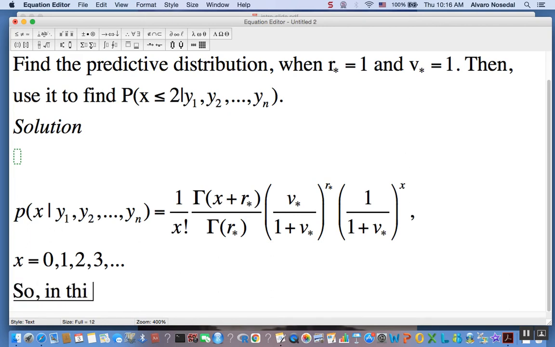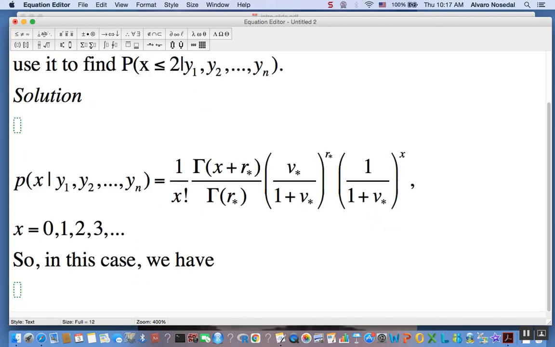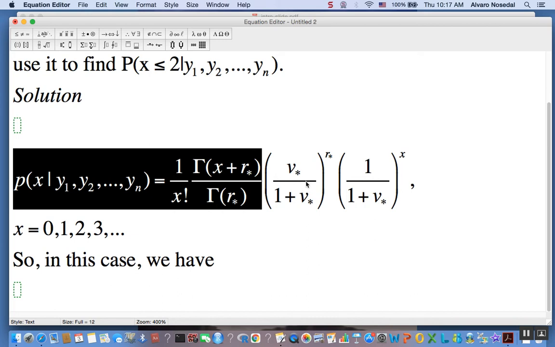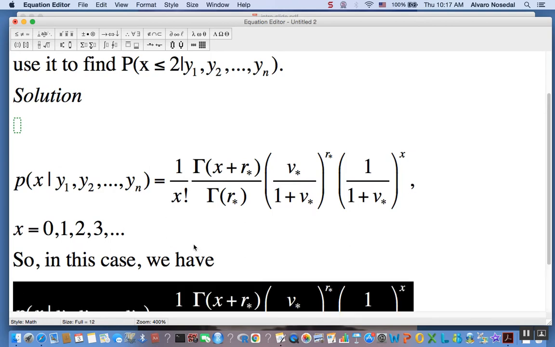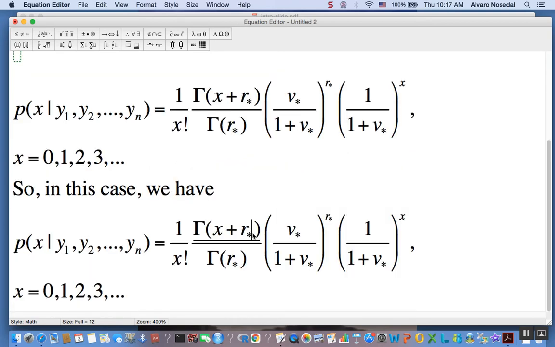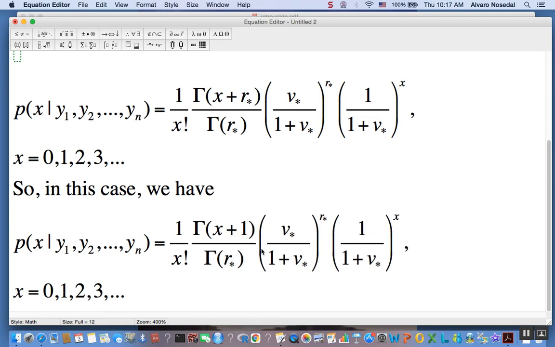In this case, let's plug in. r star equals 1, and v star is also 1.